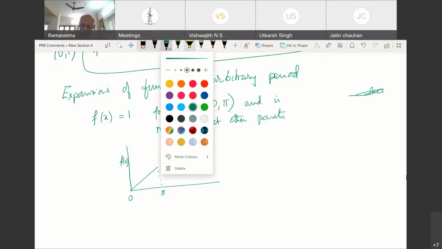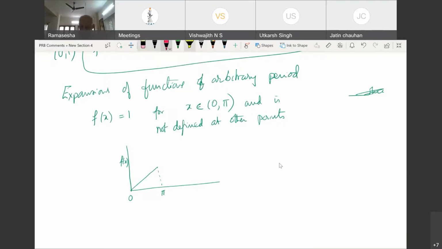Let me see which are the ways in which I can expand it.